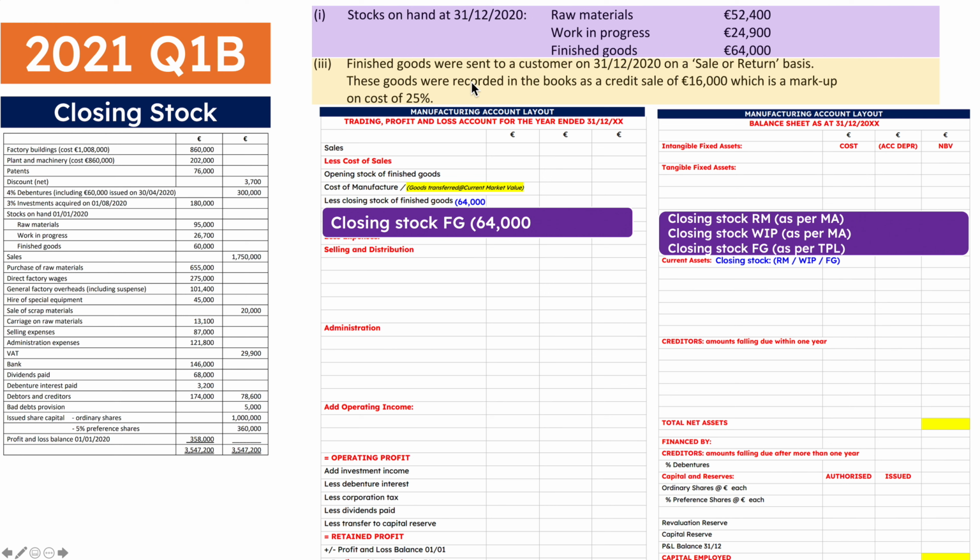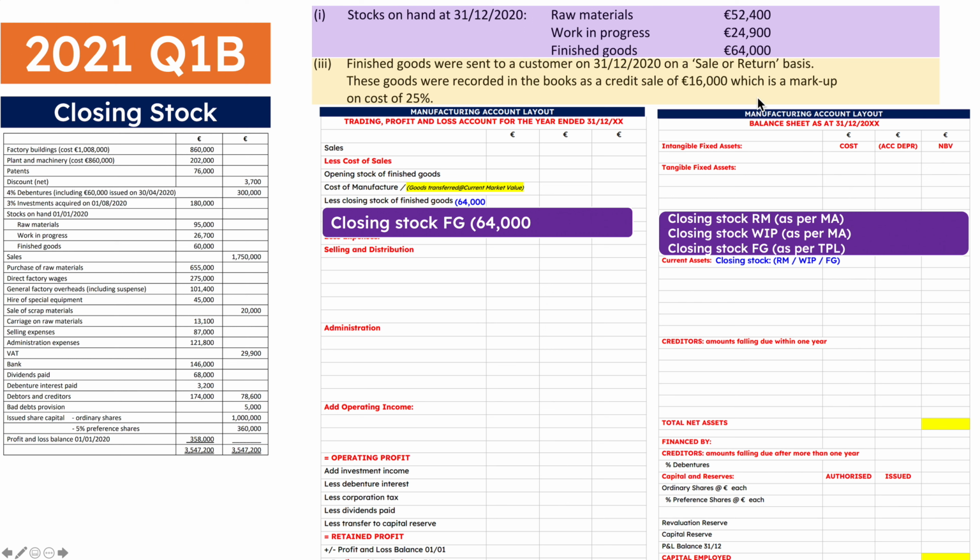Next we have finished goods were sent to a customer on the 31st of the 12th, 2020 on a sale or return basis. These goods were recorded in the books as a credit sale of 16,000, which is a markup on cost of 25%. So we will add the cost price of the goods back, because we have to unwind the credit sale here.